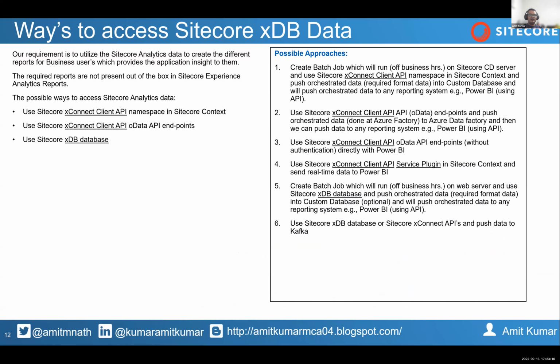The other is the xConnect OData API, which you can use directly in your JavaScript, or if you are writing ASP.NET Core based code, you can also utilize the xConnect SDK, and you need to pass the xConnect client API and a thumbprint to authenticate yourself. Or you can directly access the xDB database to get the data out of that. So these are the three ways you can use to get data.